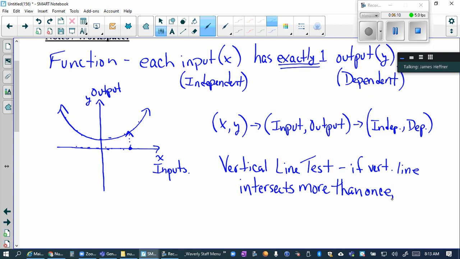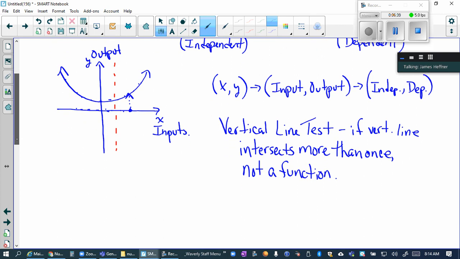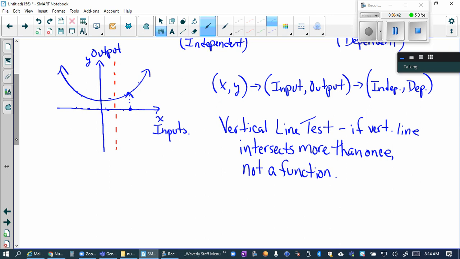Not a function, right? So if we take a look at this graph over here, pick somewhere to draw a vertical line. Pretty much no matter where I draw that vertical line, how many times will it intersect that graph? Once. So is this graph a function? Yeah, it is a function.